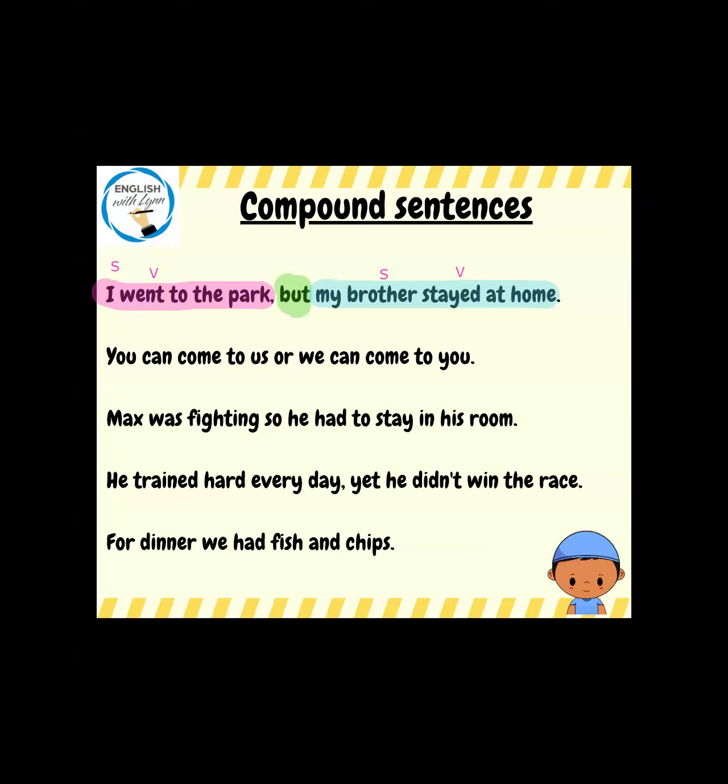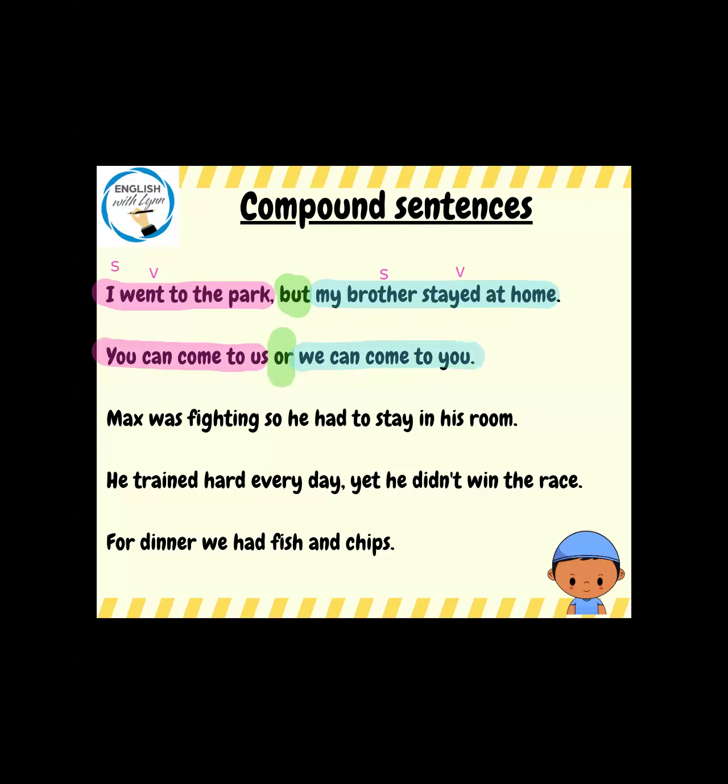So looking at the second compound sentence there, straight away I have spotted my conjunction, the or. And again, I have got a first main clause there: you can come to us. My second main clause: we can come to you.